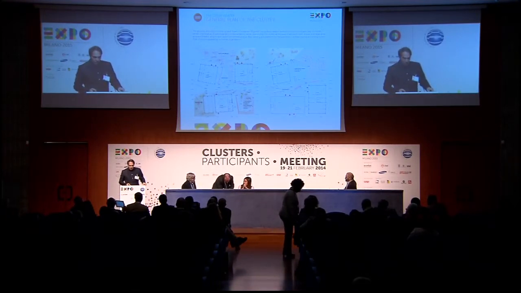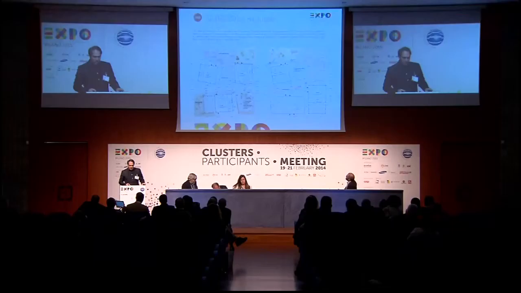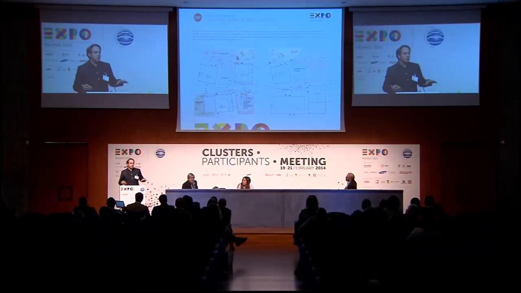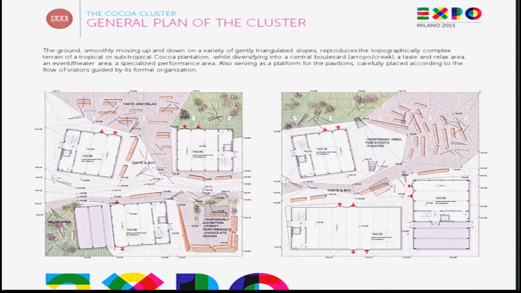So here we have a common area. Through the presentation we'll see the different parts of this cluster, so it will be increasingly clear during the slideshow. We basically have this common area, which is a triangulated space that goes a little bit up, a little bit down, a corrugated, topographically complex environment that diversifies into different areas: a central boulevard, a creek, a taste and relax area, an event area, and a specialized performance area.